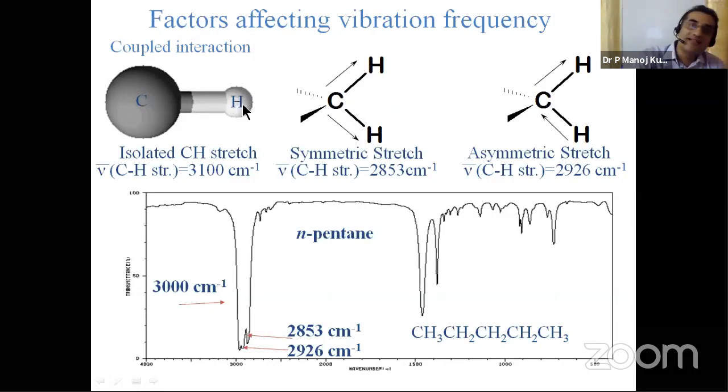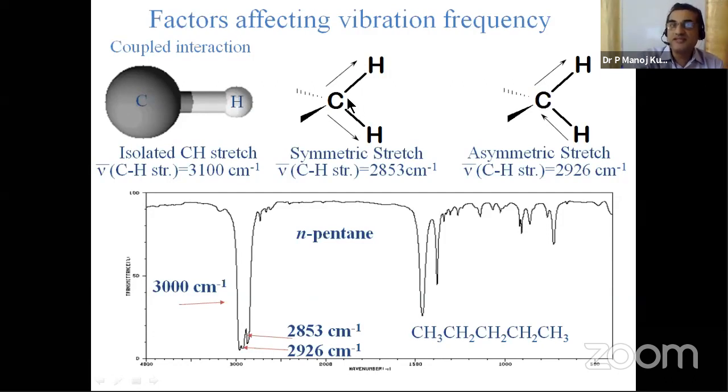It is not like this. What is the reason? In a methylene group, you have two hydrogens connected to a common carbon atom. So, as we already discussed for the stretching vibration, when the distance between the carbon and one hydrogen is increasing, the other can also increase, and in-phase stretching vibration can happen.